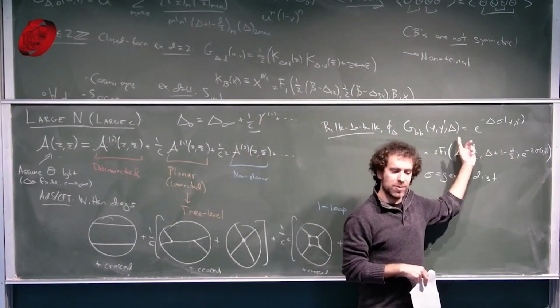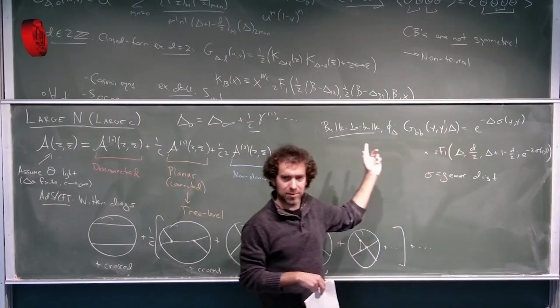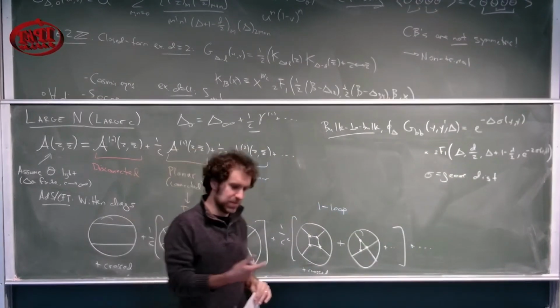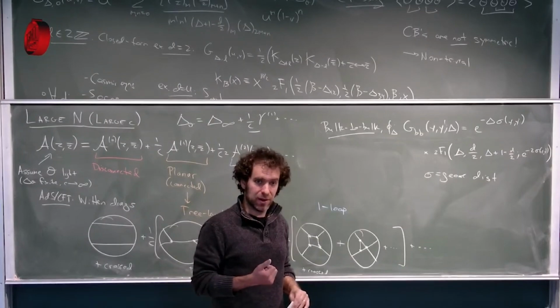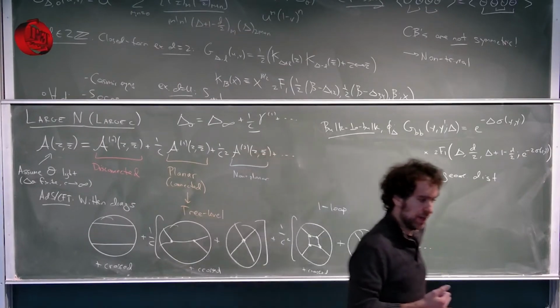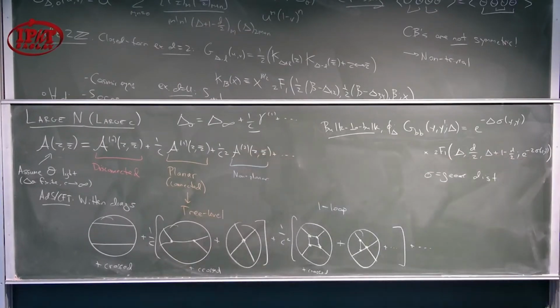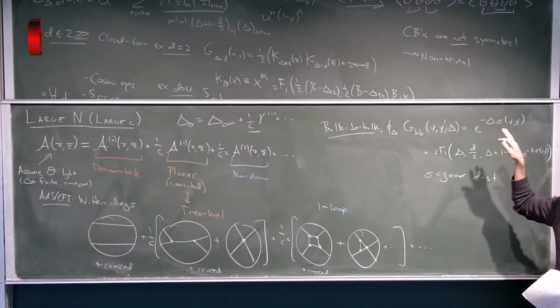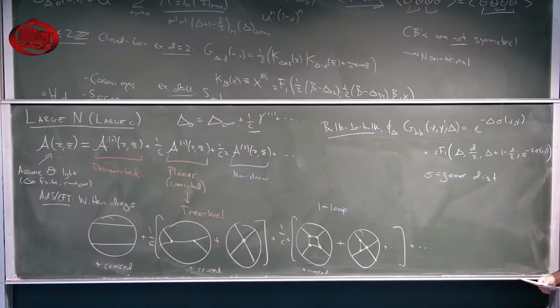This is the bulk-to-bulk propagator, so the relation to the conformal block simplification in even d is not totally clear, but it turns out that these are essentially the same thing, which is something we learned in 2015 when we realized how to write a conformal block in the boundary in terms of some bulk object called a geodesic Witten diagram. This is just a side comment. These are essentially the same simplifications happening on both sides.